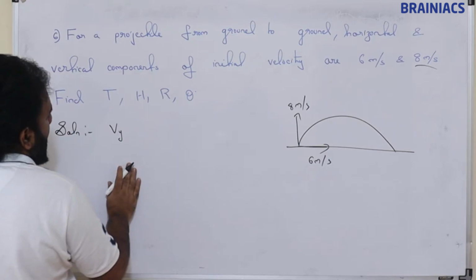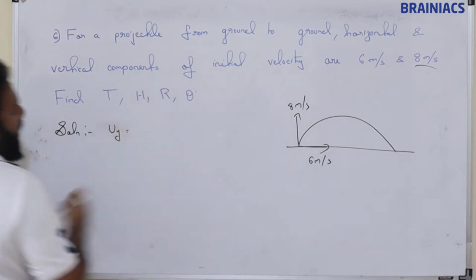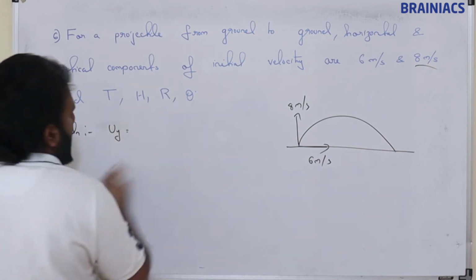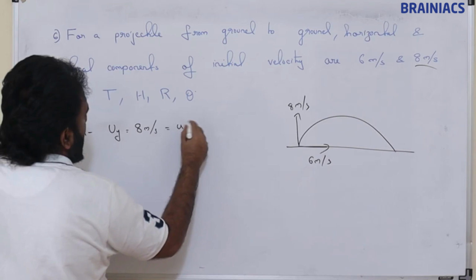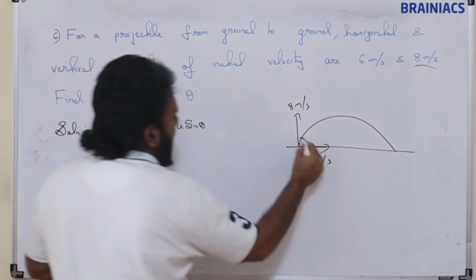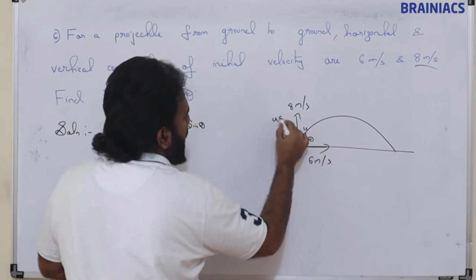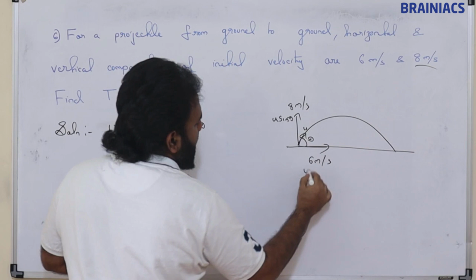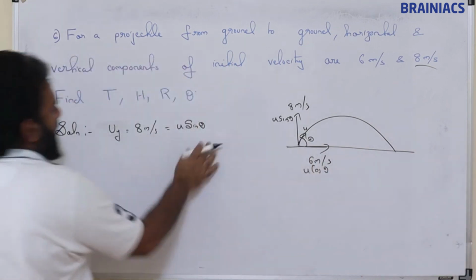This is Uy. Initial vertical velocity is 8 meter per second, which is nothing but u sine theta. If this is u, this is u sine theta, and this is going to be u cos theta.